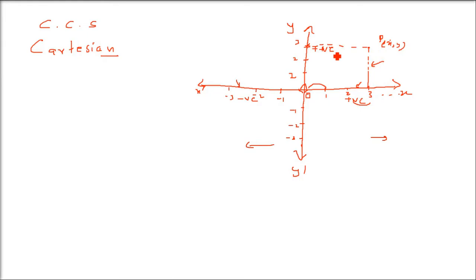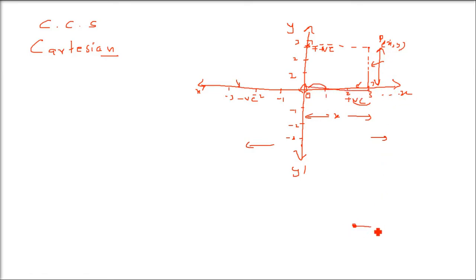We are drawing a line parallel to the x axis, perpendicular to y. So this x, y is nothing but the distance. X is the distance from the y-axis, and y is the distance from the x-axis.